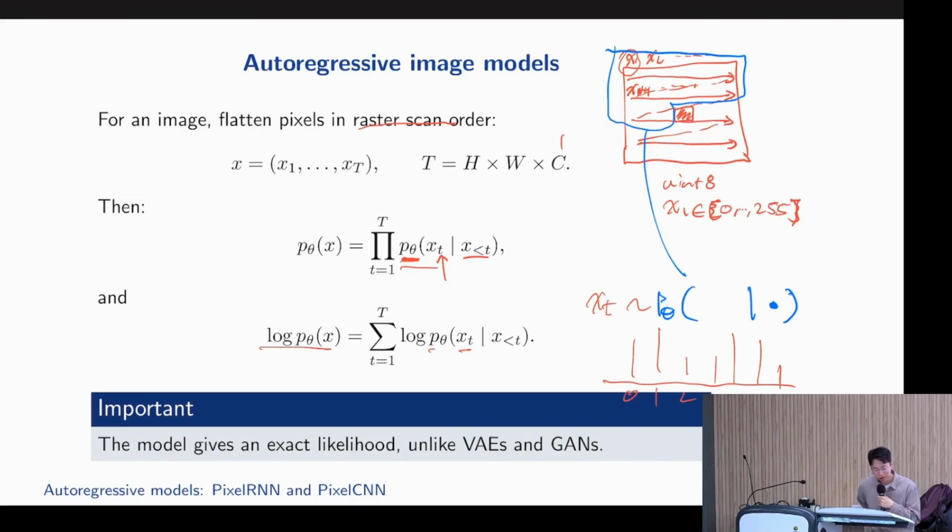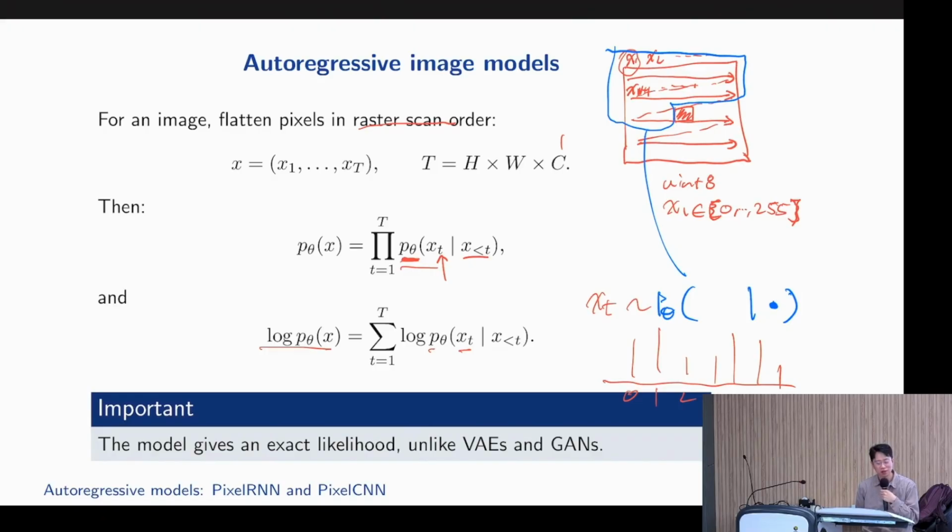And what else? What's good about it if we can exactly evaluate the likelihood? Anything good during inference? So let's contrast this to VAE.